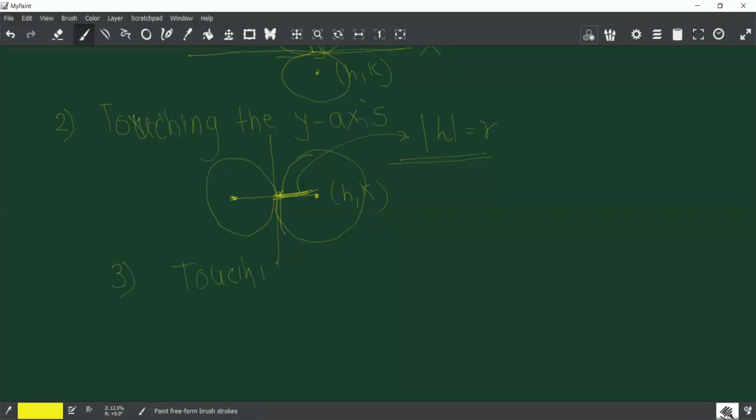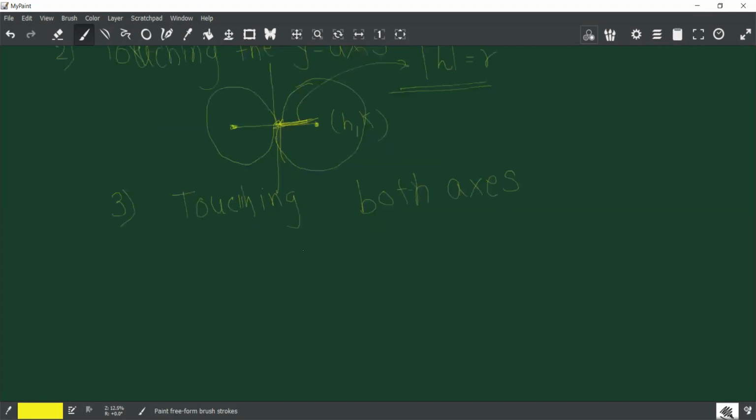Touching both the axes. Correct. How are there 4 cases? If it is in the first quadrant and my radius is r, then r comma r is the center and the radius is r.